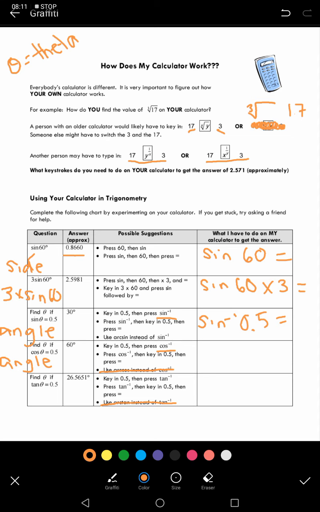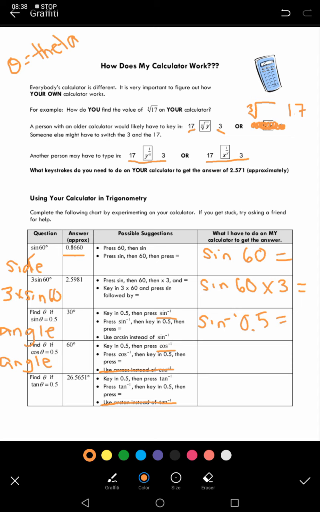Okay, it is going to be the exact same thing if you're trying to find the cos theta of 0.5 or tan theta of 0.5. You're just going to use different keys. In order to find that sine -1, cos -1, tan -1, you should just be able to click second or shift and then sine, cos, or tan, depending on which one you're using.